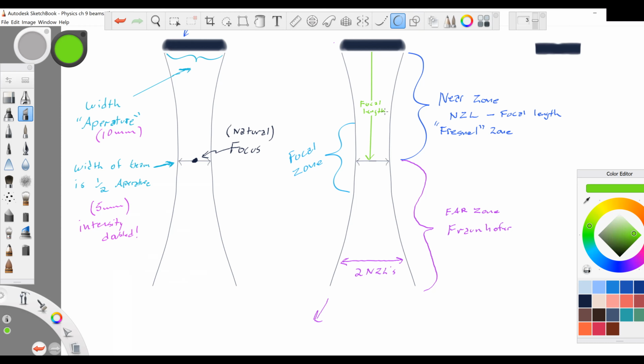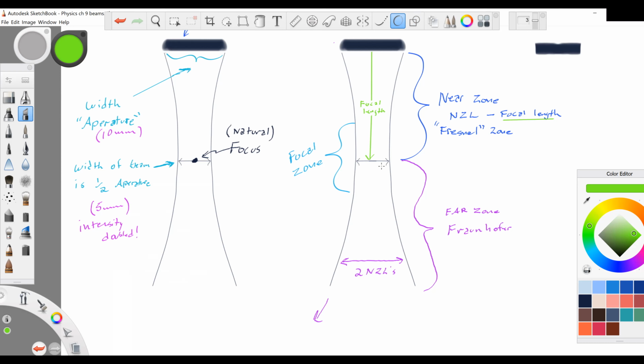A focal length will be measured in millimeters if we do measure it. It is the near zone length, so these mean pretty much the same thing. The focus marks the beginning of the far or Fraunhofer zone, so from the focus to really forever.